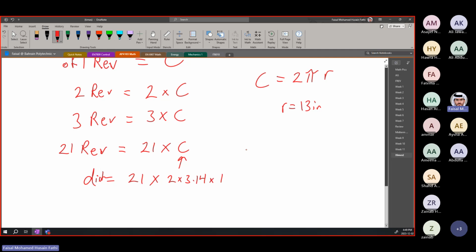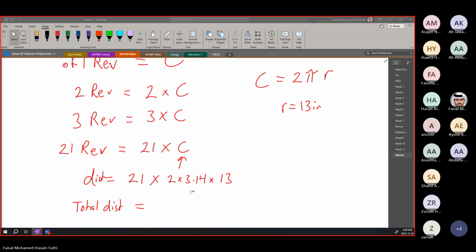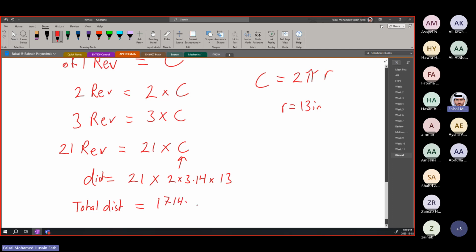So this is times 13. Finally, the total distance is just this equation. We put it in the calculator: 21 times 2 times 3.14 times 13, which is 1714.44 inches, because the radius is given in inches. Okay?